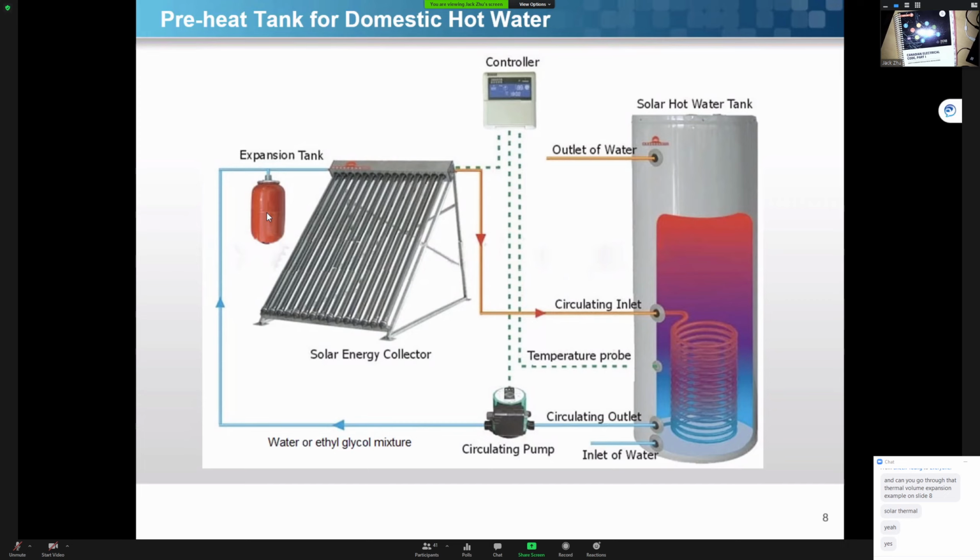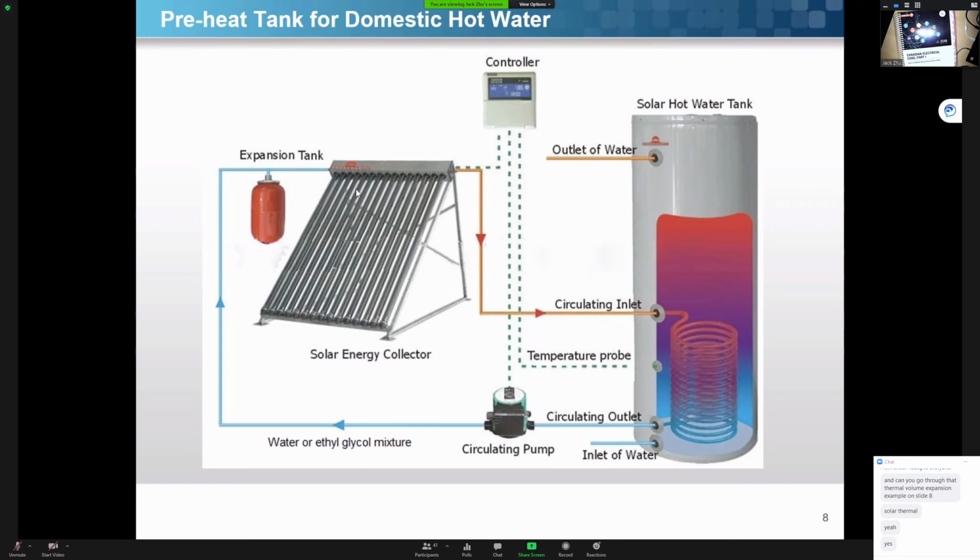So the water or glycol inside will try to expand. But when something expands inside, it increases the pressure. That's why there is an expansion tank: the extra volume is going to stay in the expansion tank.